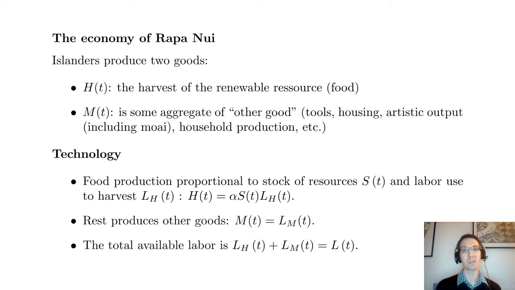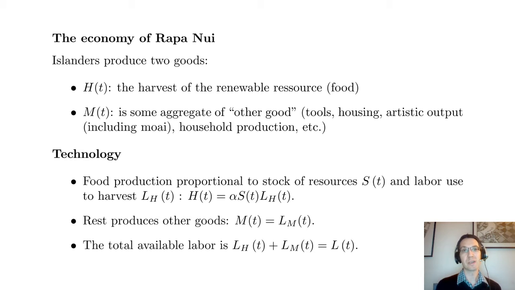It's just that now we don't assume that there's a stable fraction beta that works in food production. Now we're just going to say that a certain number of the islanders that we label L sub H work in the harvesting industry, and the other islanders work in the M sector.